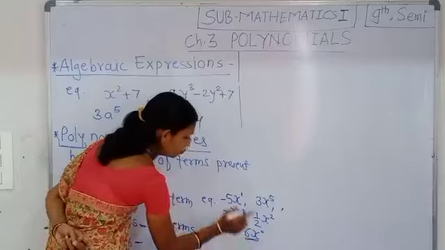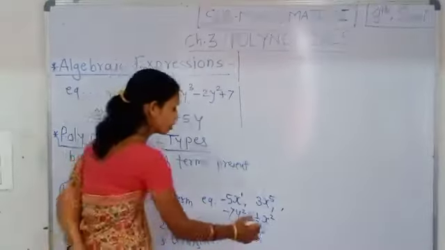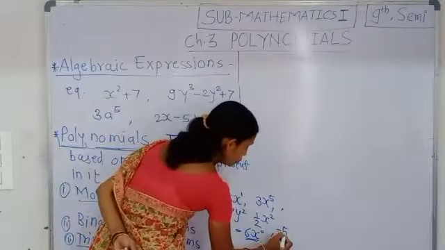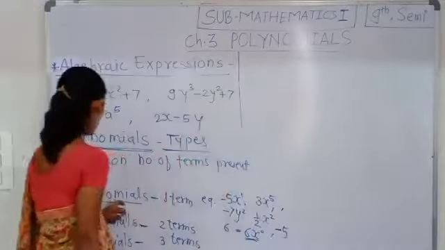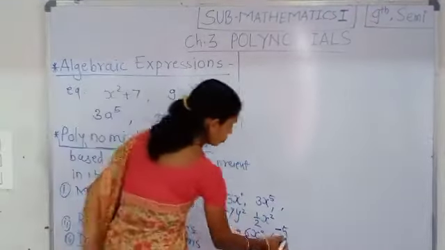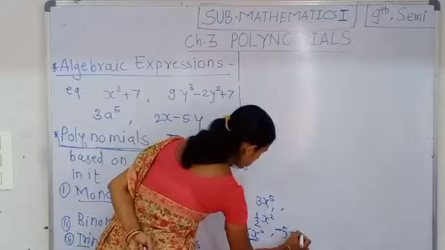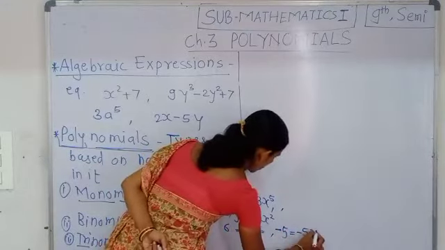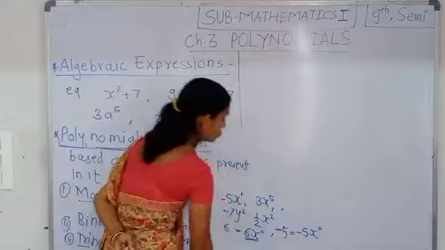That means only one term is there. Or minus 5 is an example of a monomial, because minus 5 is also written in the form of minus 5x raised to 0.